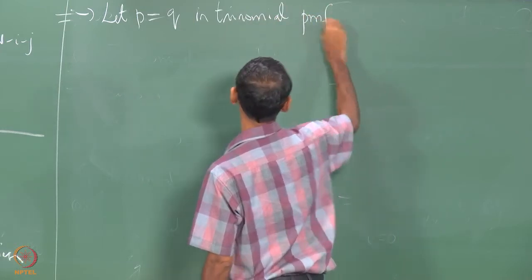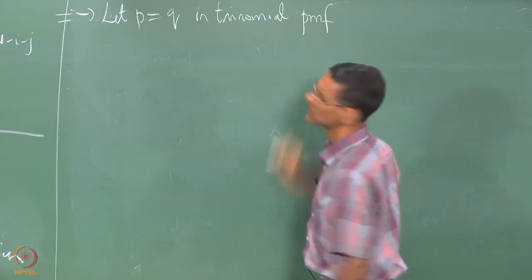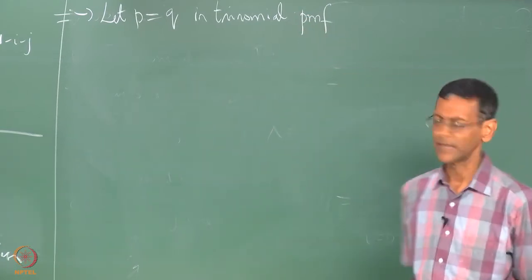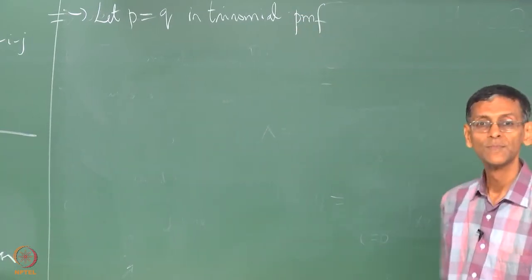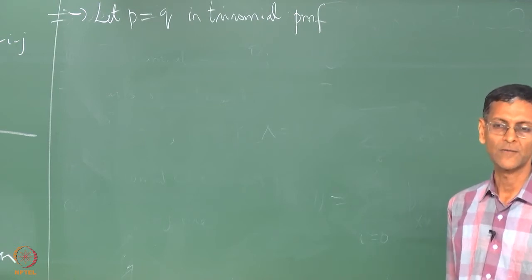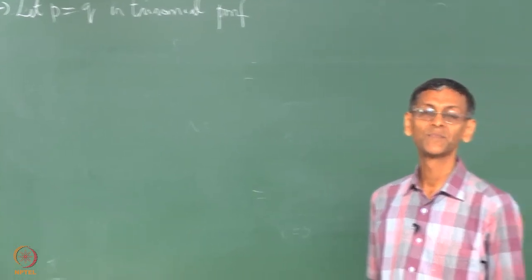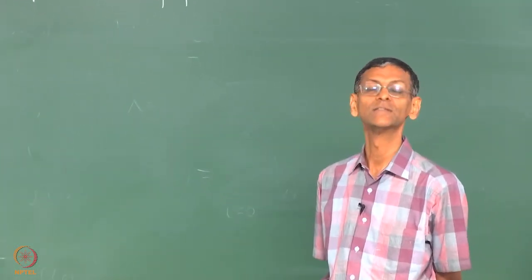For the trinomial PMF, let me say the joint PMF, of course I am just omitting the word joint, let P equal Q. What can you say about x greater than y and x less than y? Those probabilities must be equal, right, without even any calculation.